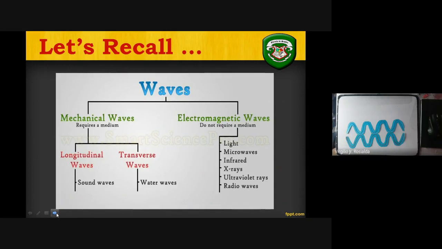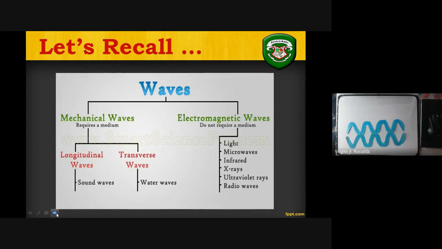So, ibig sabihin, kahit na wala tayong air particles, kahit wala tayong solid, wala tayong liquid, at wala tayong kahit anong matter, it can travel because it does not require any medium at all. Unlike mechanical waves, which require a certain medium. That's why a sound wave without a medium cannot propagate. Hindi natin maririnig ang vibration, hindi natin maririnig ang sound without a medium. Okay?